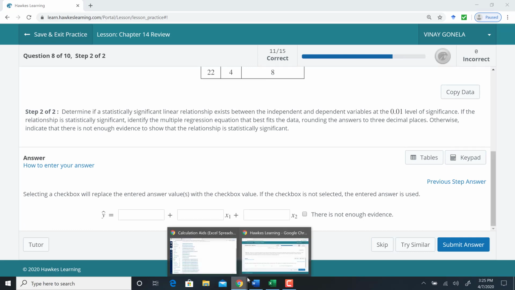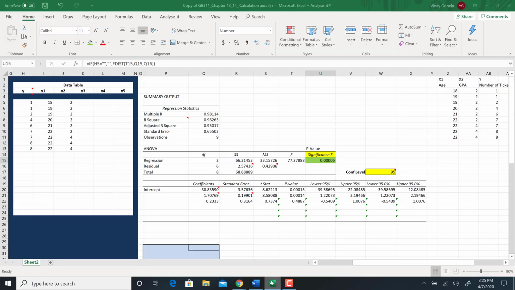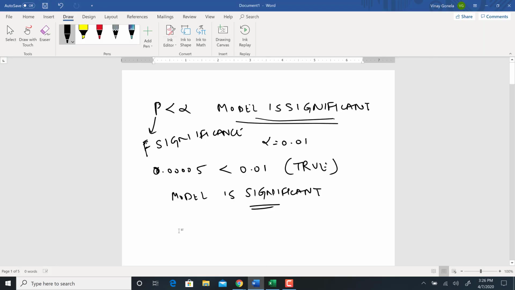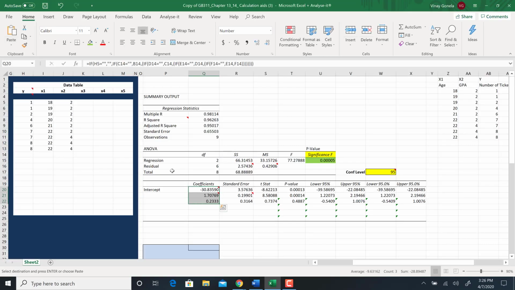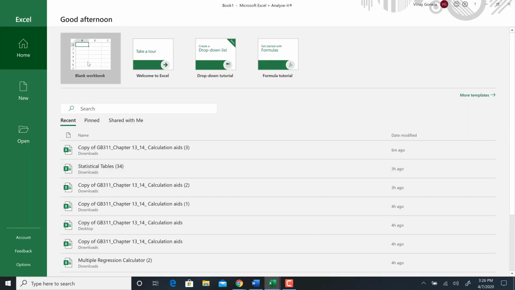If you go to the sheet, these are the coefficients for our equation. I will copy this and paste it somewhere here, maybe in a different Excel sheet.